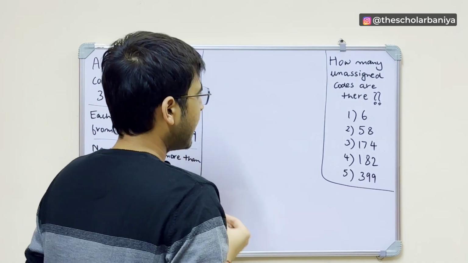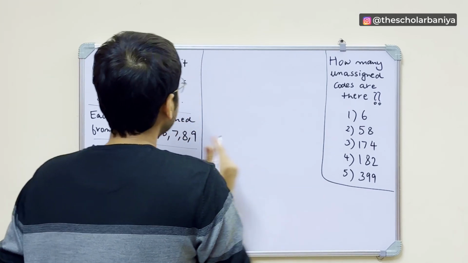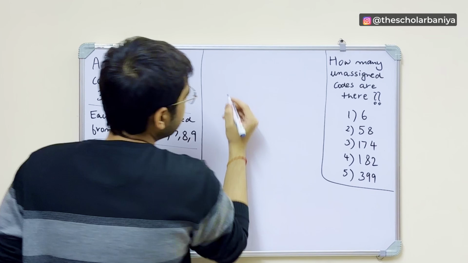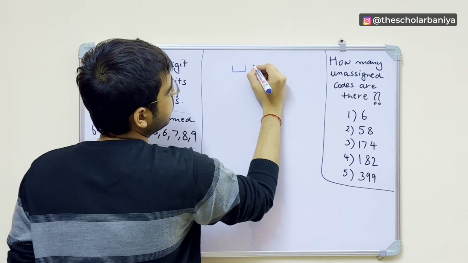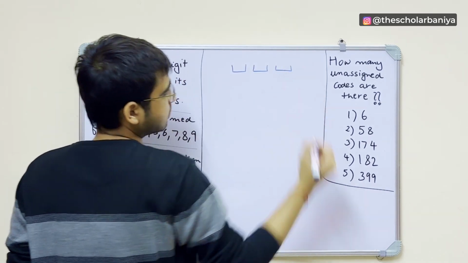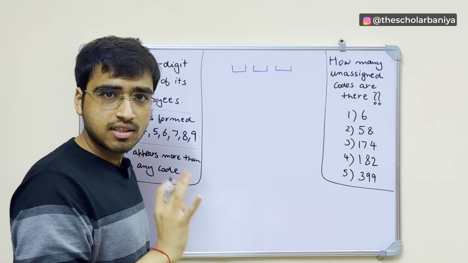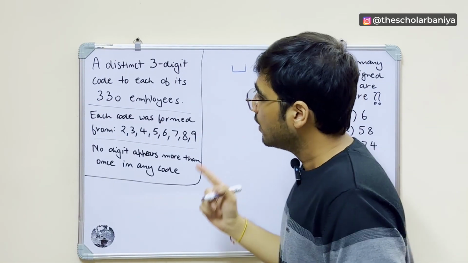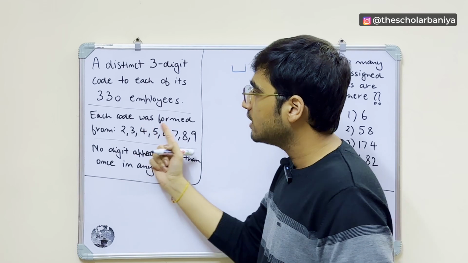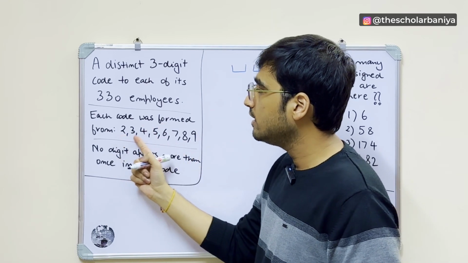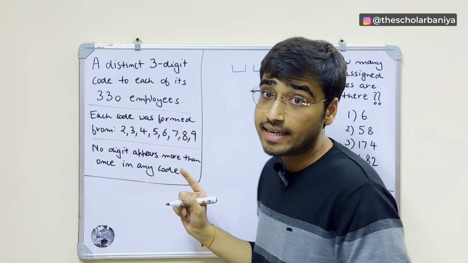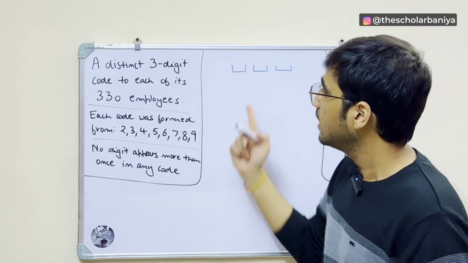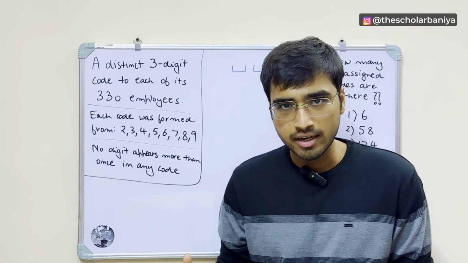Okay, this is a pretty easy question. We know it is a 3-digit distinct code. Now, the code is formed from the digits 2, 3, 4, 5, 6, 7, 8, 9. If we talk about the first place, how many possible options are there?